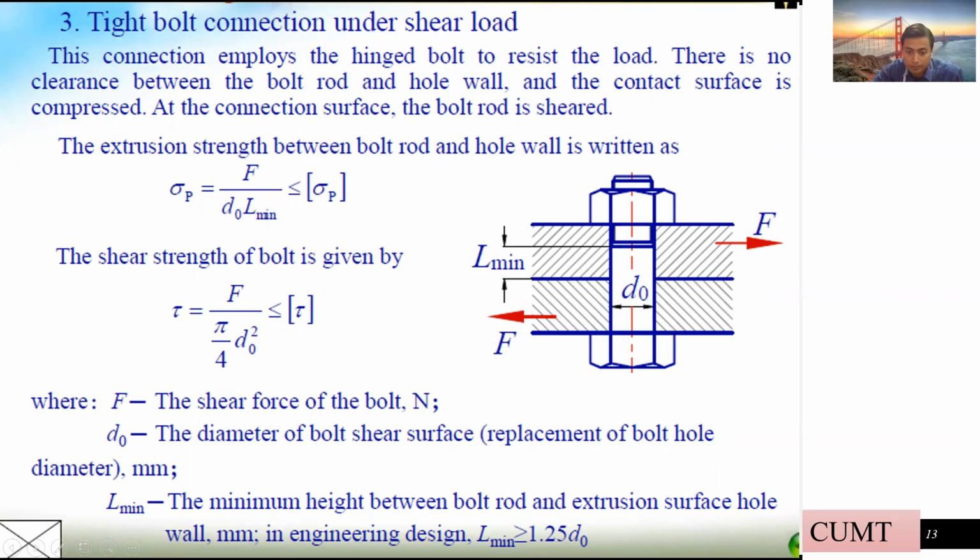As you can see over here, the action line for this plate is in this direction, and for this plate in the opposite direction. They share a minimum distance due to the opposite forces.